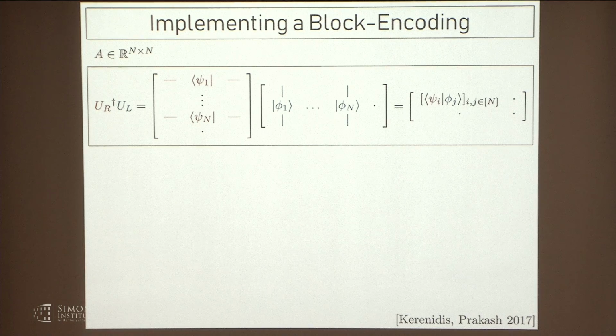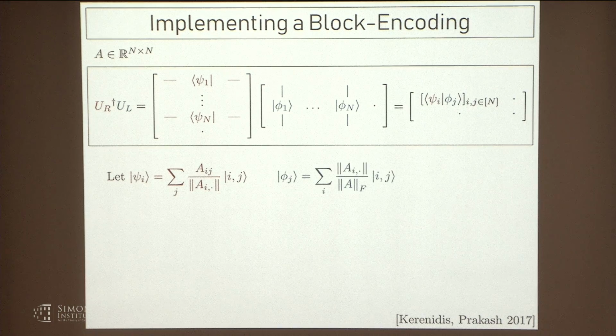Now I want to define some particular psi i's that have to do with A. So now I'm going to let psi i just be a superposition whose amplitudes are the values in the ith row. So this is just a state corresponding to the ith row of A. And I'm going to define phi j to be a superposition over the row norms of A. The j is just going to affect a label here, but really it's all the same superposition.